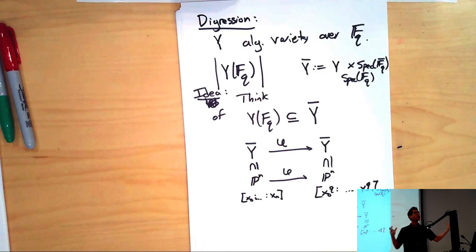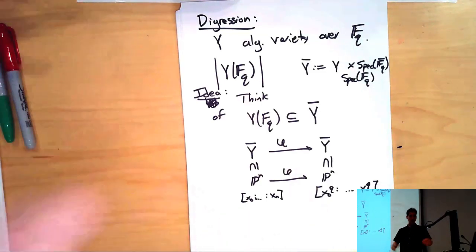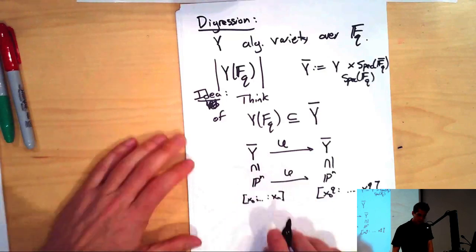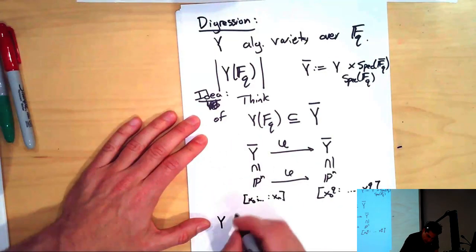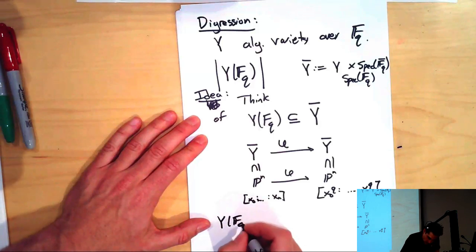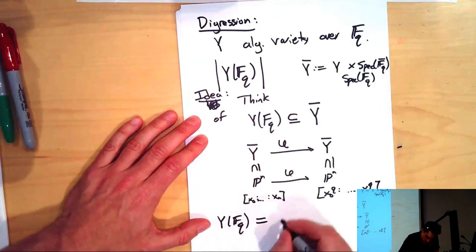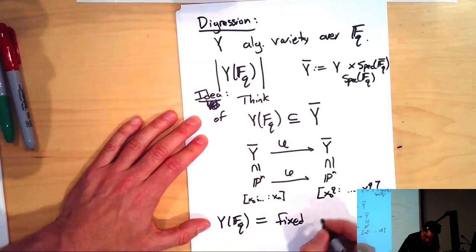Then raising everything to the qth power is an operation that takes a solution to those equations and outputs another one. So this phi gives you a map from Y bar to itself, and then the FQ valued points of Y are just the fixed points of this geometric Frobenius.